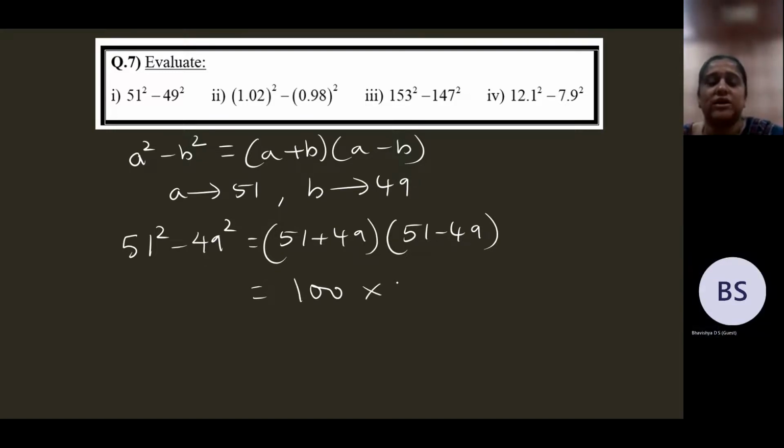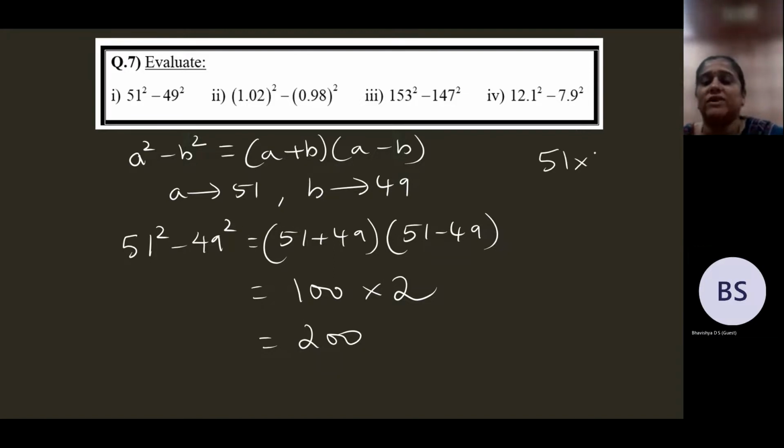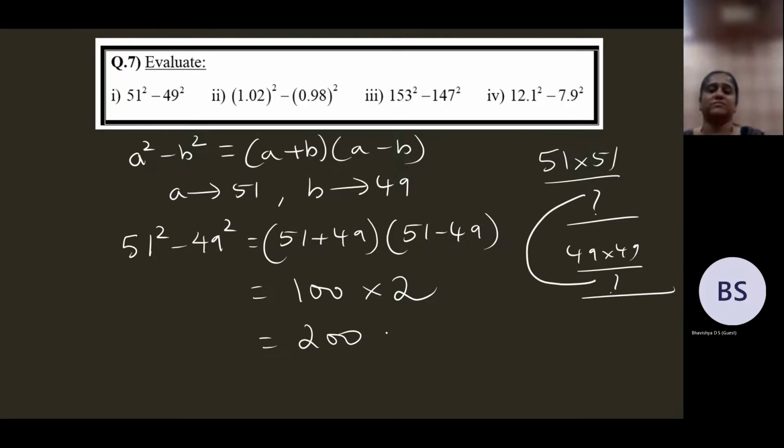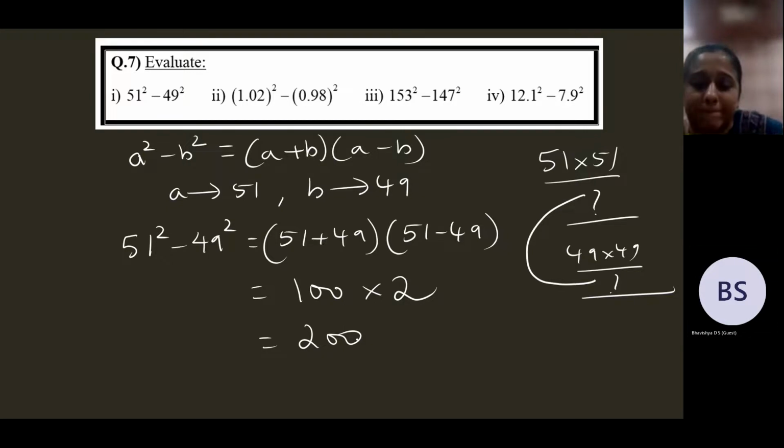Into 2, ma'am. So what's the answer? 200. So when you multiply 51 into 51, you get some answer. Then you do 49 into 49, you get some answer. And when you subtract these two, you will get 200. Is that okay? Yes, ma'am.